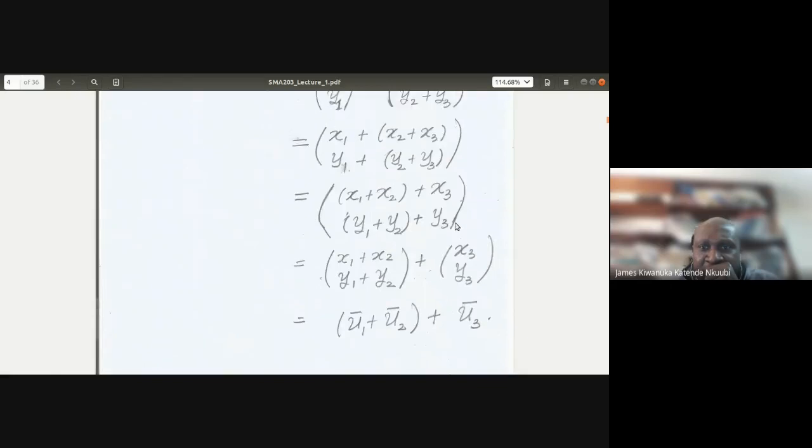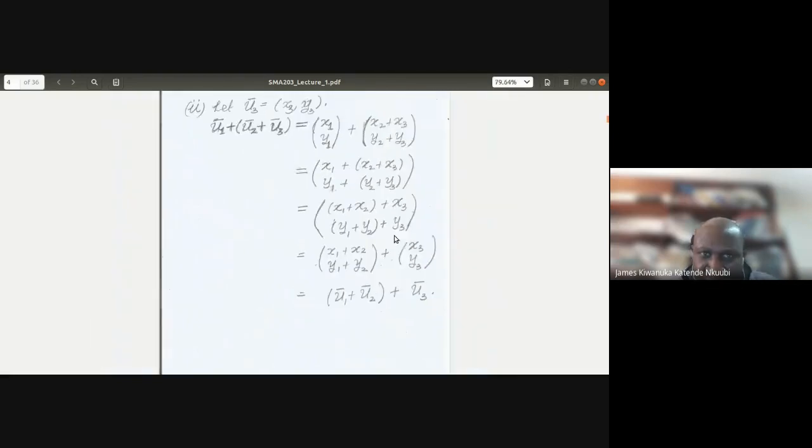So we have shown that addition of vectors in R2 is associative. If you add any three vectors, you can put your brackets anywhere, either on the first two or the last two, and it will still work. So this proves that this addition is associative.